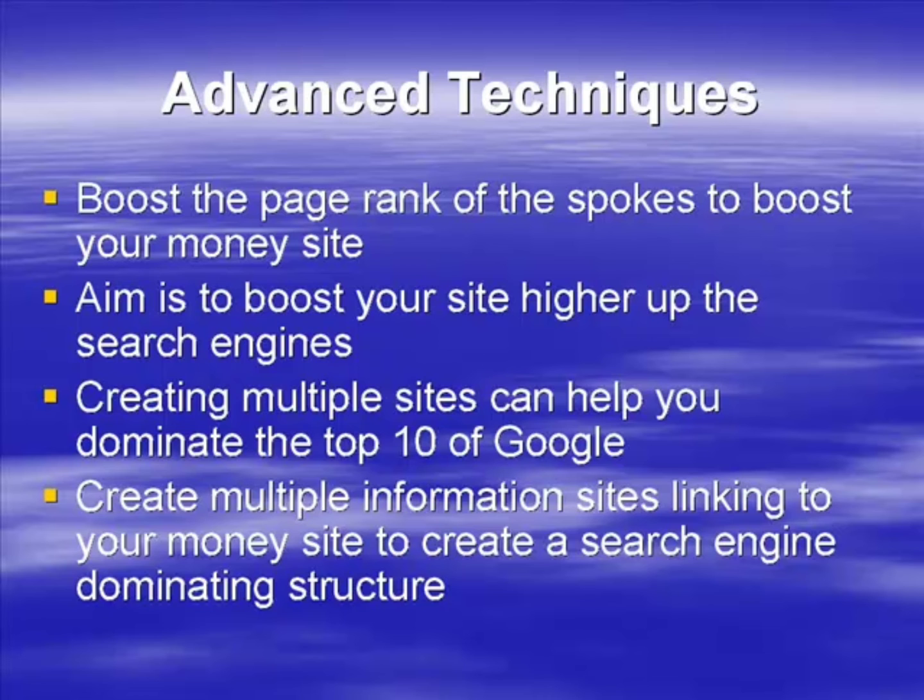So you would have a central money site, which is, say, an information product. Around this you may have, say, a dozen different websites that are all promoting that product from different points of view. You may have review sites, information sites, and so on. So you've got those sites feeding into your central site as well, and then you've got link wheels on each of those sites and on your central site.